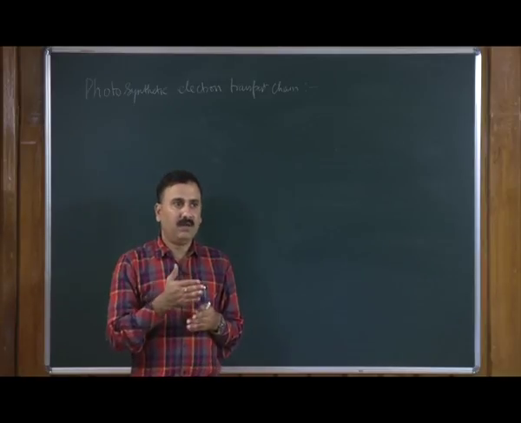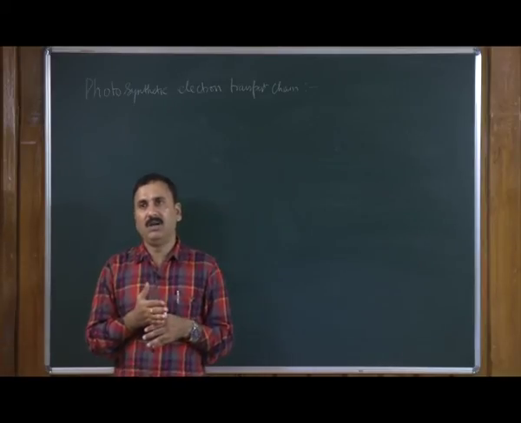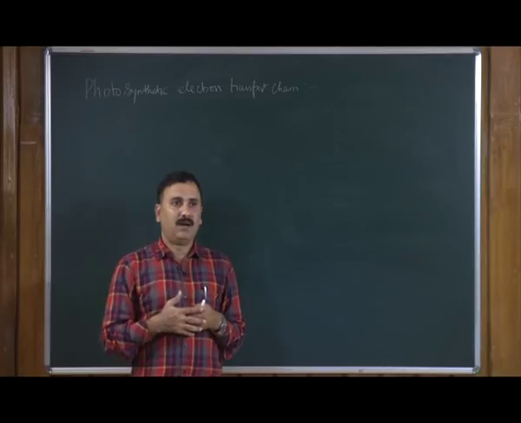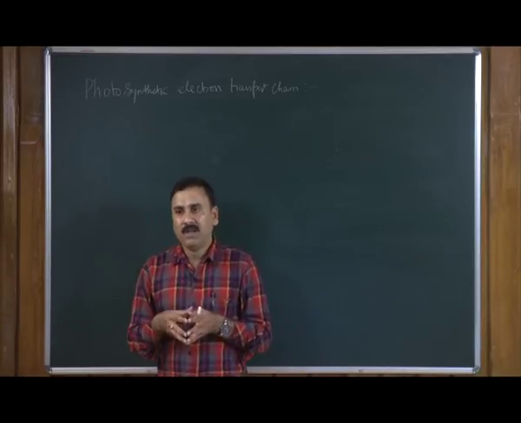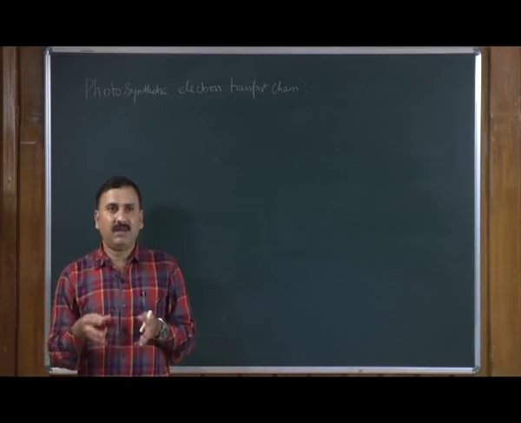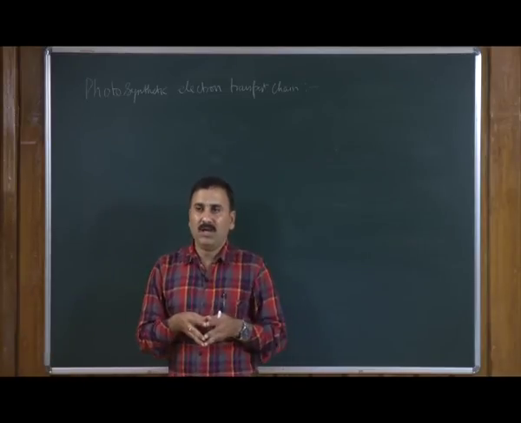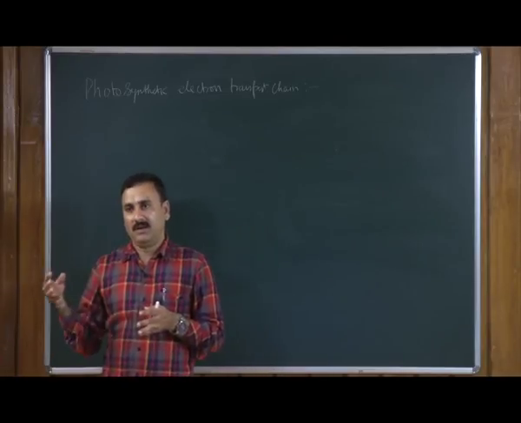So, with this we will conclude our lecture here, and we will continue our discussion about how this reducing equivalent as well as the ATP is used in chemical reactions in the subsequent lectures.